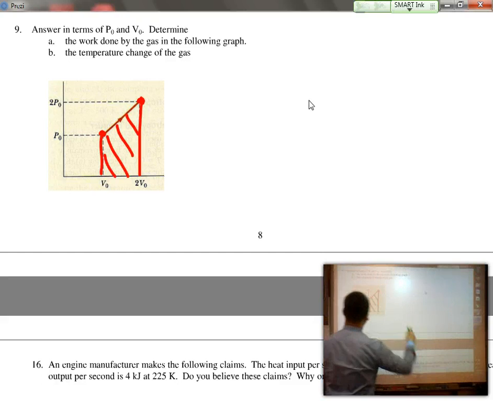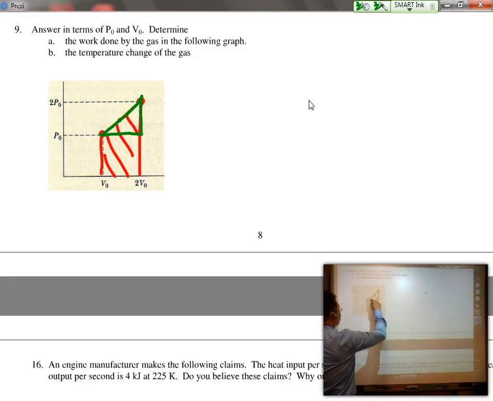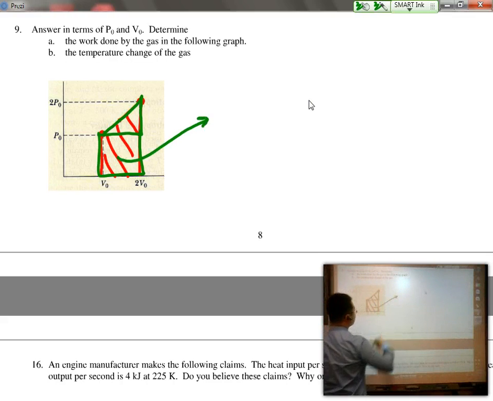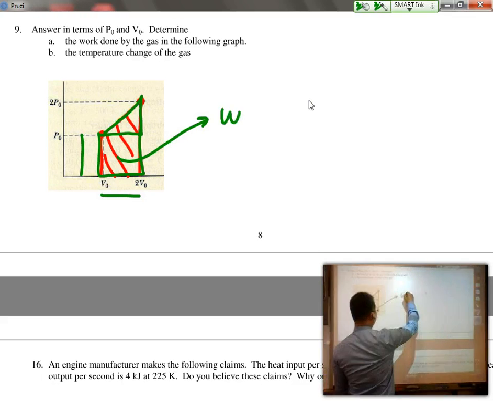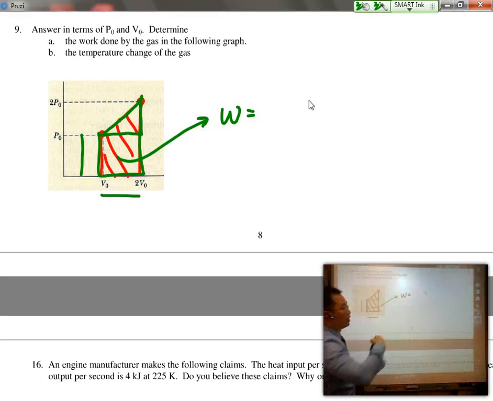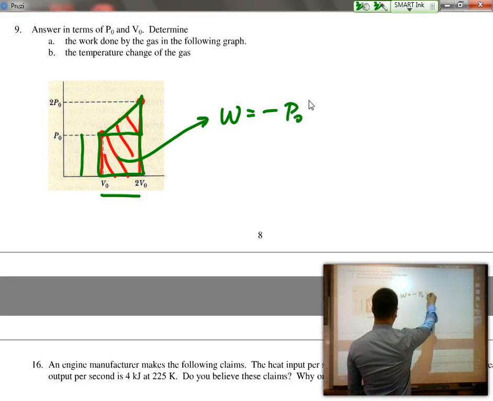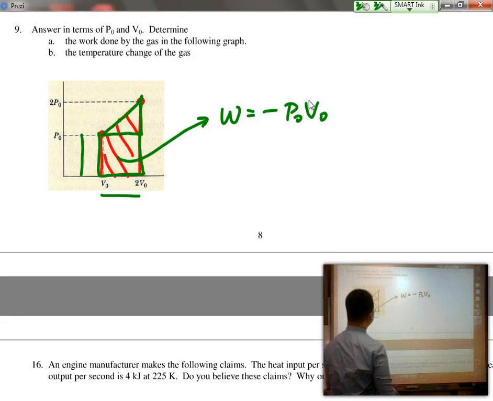So it's simply talking about breaking that into a triangle and a rectangle. During this first portion over here, I can see that the width is 1 VO, the height is 1 PO, so therefore the work during that square is equal to, and because the volume is increasing, it's going to be negative PO times VO.